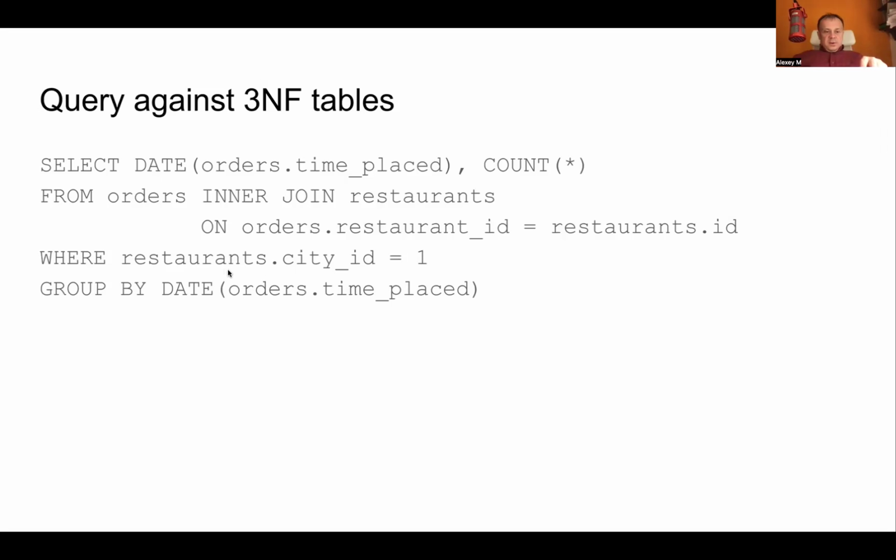We filter by city ID equals 1, that is for New York, and we select the date for when each of the order was placed, and we want to know the number of orders, and we also group by date of when the order was placed. So again, this is a very simple aggregate query.